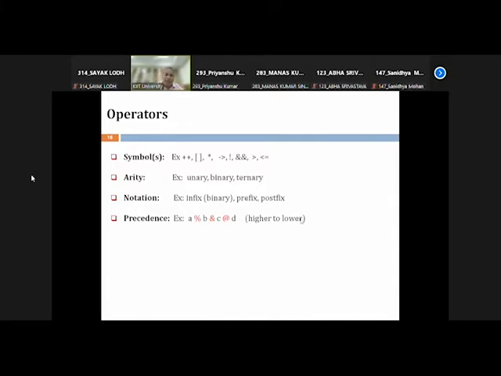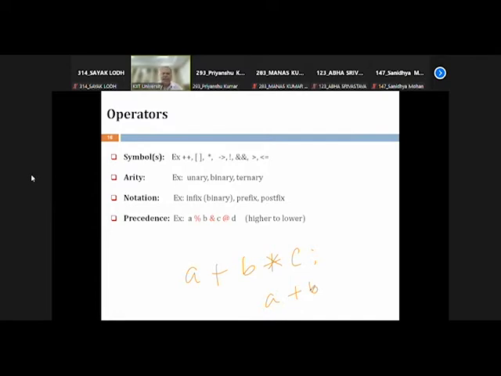An expression may consist of multiple operators. If an expression has only one operator, this question doesn't arise. If it has multiple operators, we need to understand which operator has higher precedence than others.